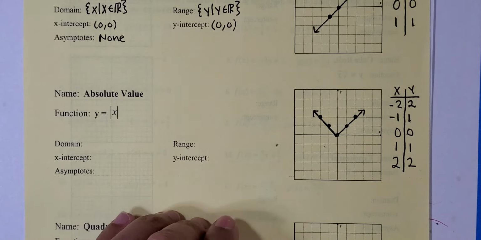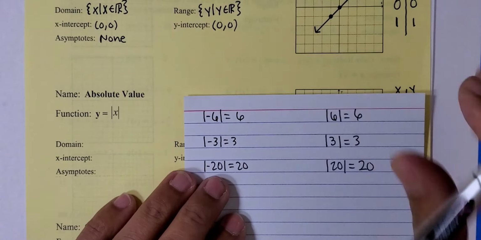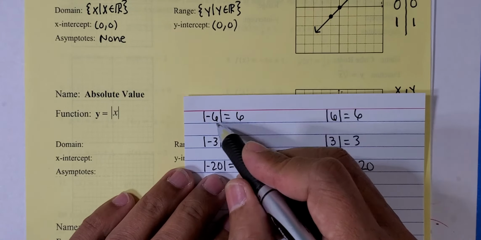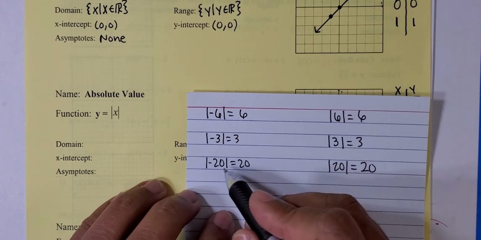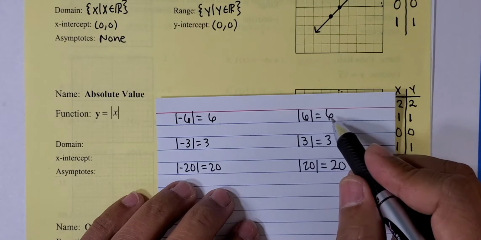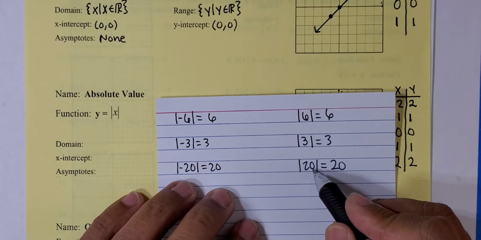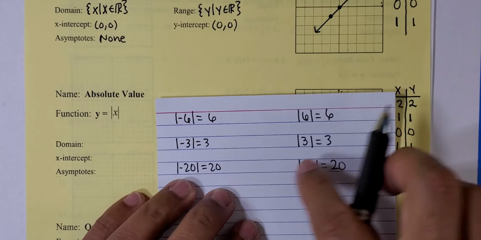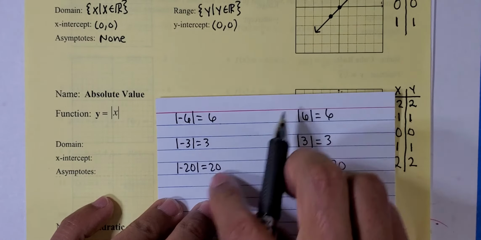All right, so let's discuss a little bit about absolute value. Okay, in case you have forgotten, if I take the absolute value of -6, it's +6. The absolute value of -3 is 3. The absolute value of -20 is 20. The absolute value of +6 is 6, and the absolute value of +3 is 3. And last, the absolute value of +20 is 20. Now, why is it that the absolute value of negative numbers is always positive?